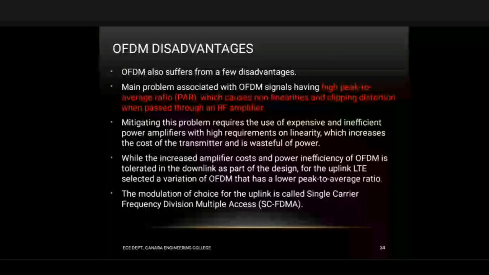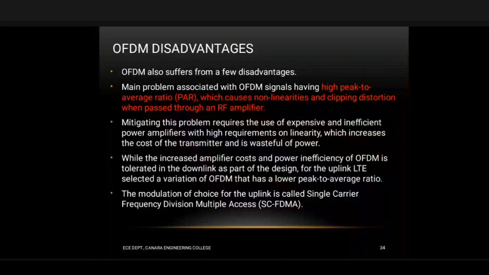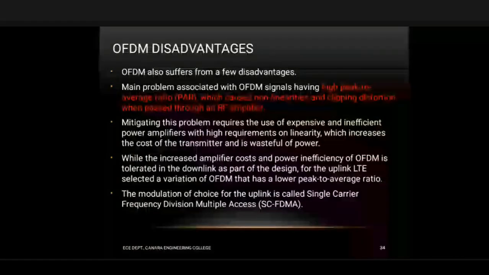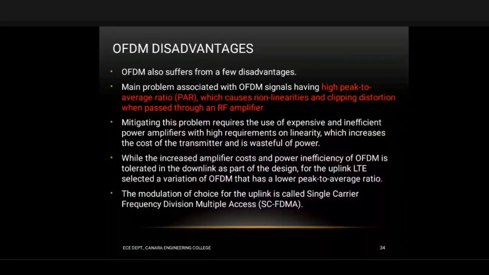All these things come down to our basic amplifier design. You need to operate it in a linear zone, if you remember from power electronics. The power amplifier should be operated in the linear zone. The transistor Q point, the operating point, should be located in the linear region. If you have this variation, it may go beyond the linear region, and it will cause non-linear distortion. That we don't want.